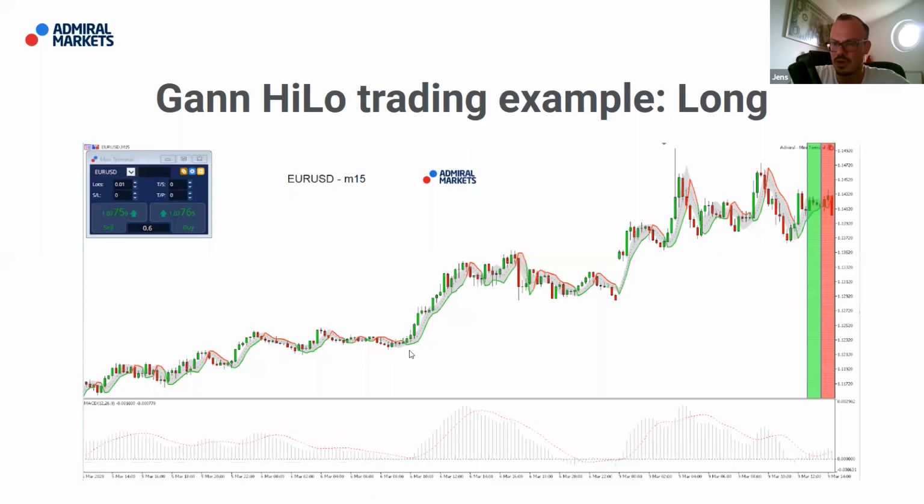Very important to note, you have to have trending market conditions. Looking at the chart will show you that right now, for example, price action in USD is very, very choppy, and it's not very attractive to trade trend following approaches. So this is also something you have to take into account.